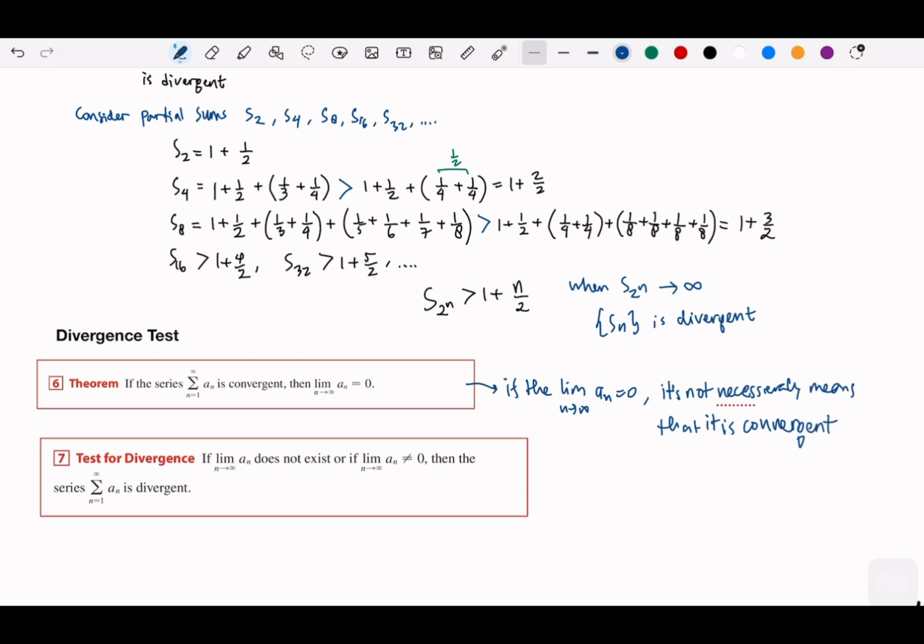It could be divergent. But if you know the series is convergent, then you can take the limit as 0.